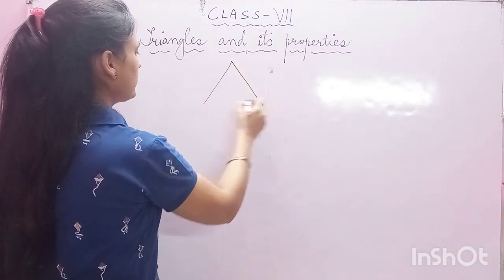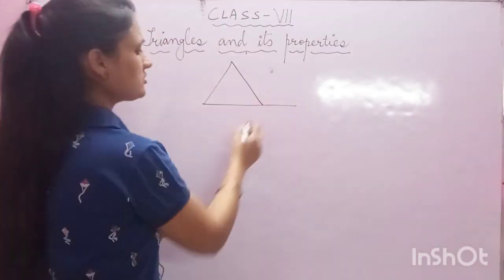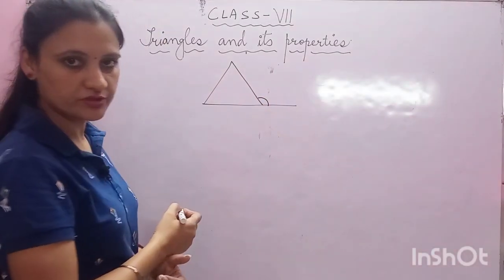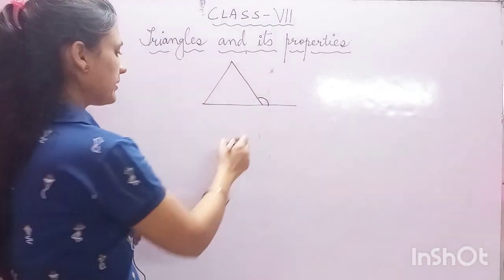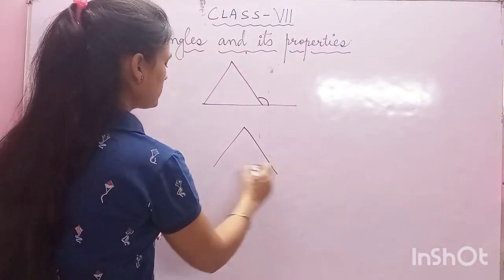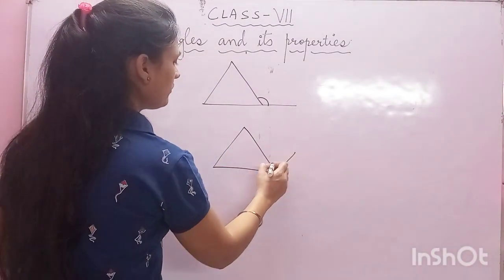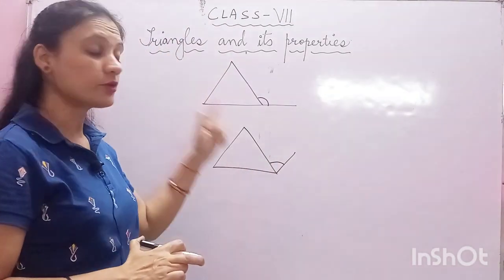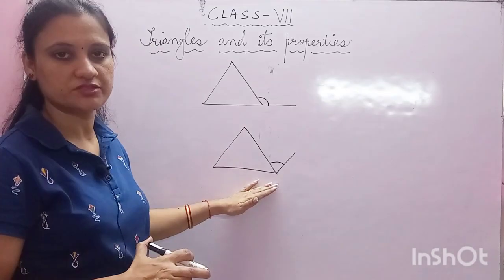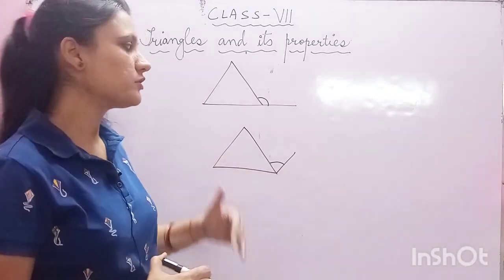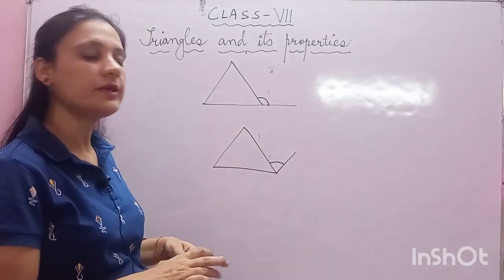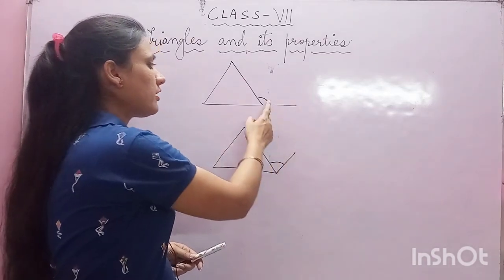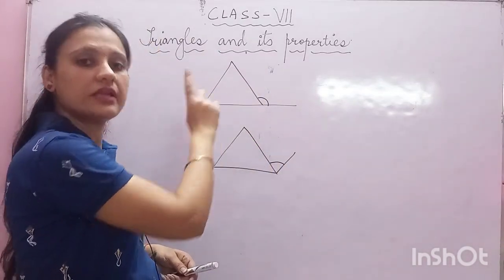So this is called an exterior angle of a triangle. But always remember, maybe you can say, ma'am, can we call this also an exterior angle? No, it is an exterior angle, but that property is not going to be satisfied here. Why? Because for the exterior angle property, it should make a linear pair with one of the interior angles.